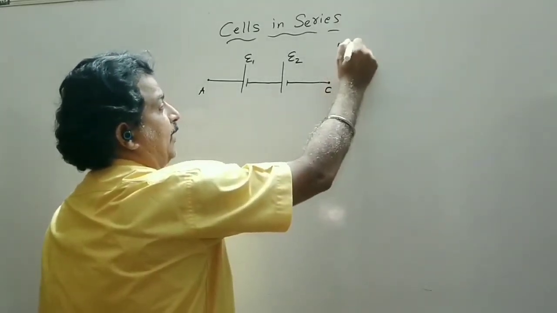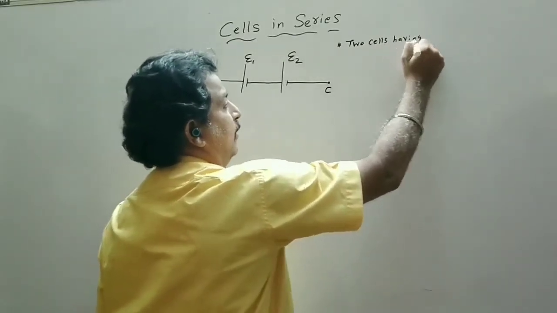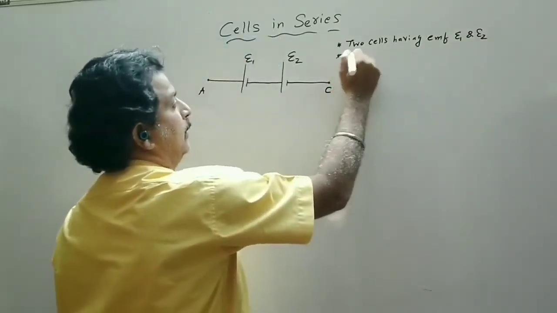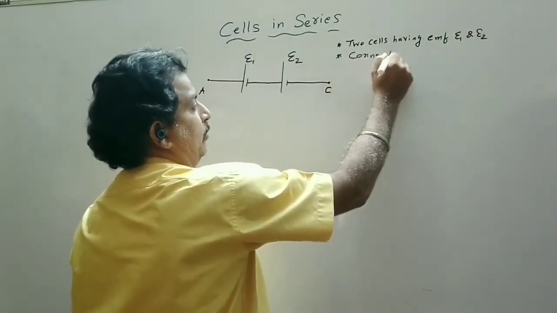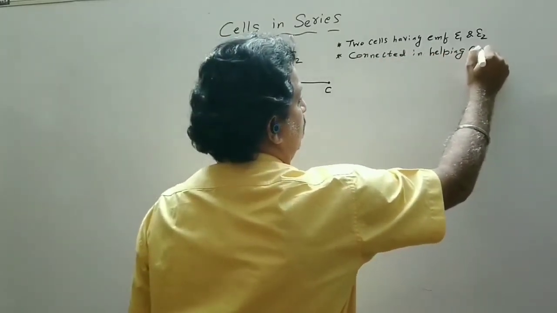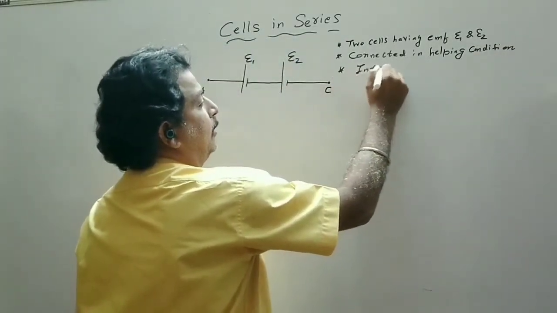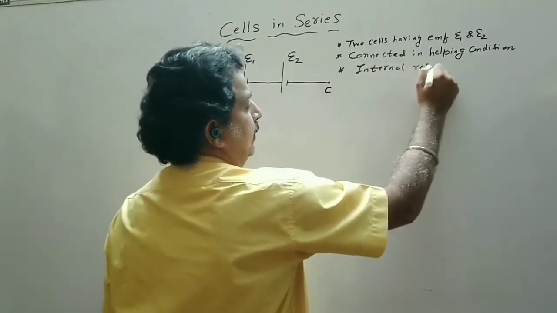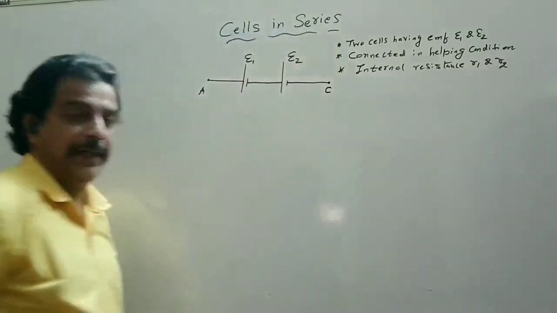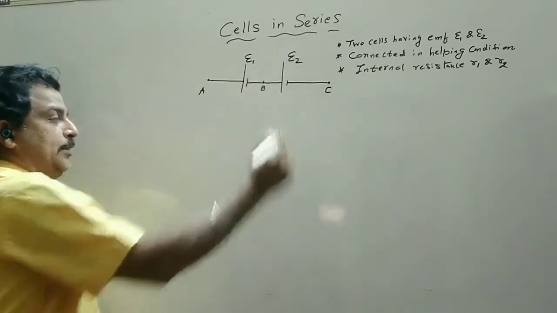So we are taking two cells having EMF E1, E2 connected in helping condition, and internal resistance is R1 and R2 respectively. Consider a point B between these two cells.